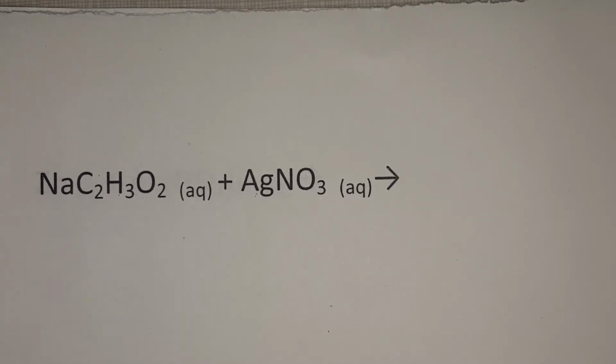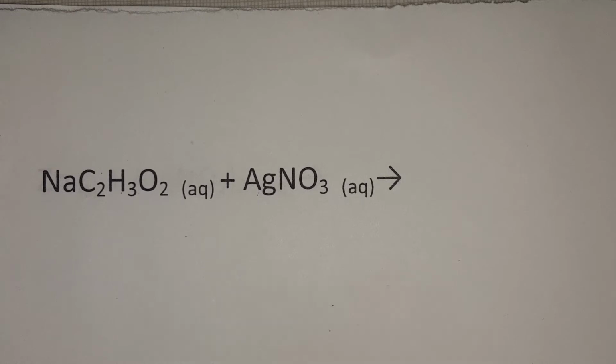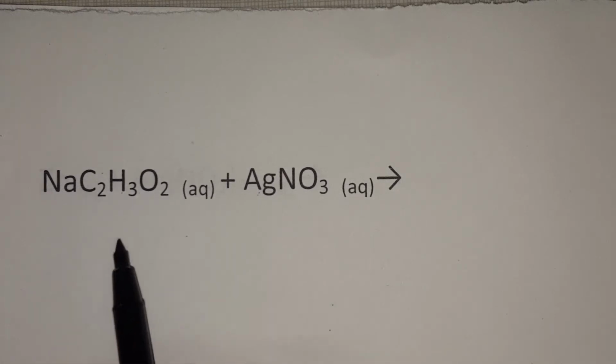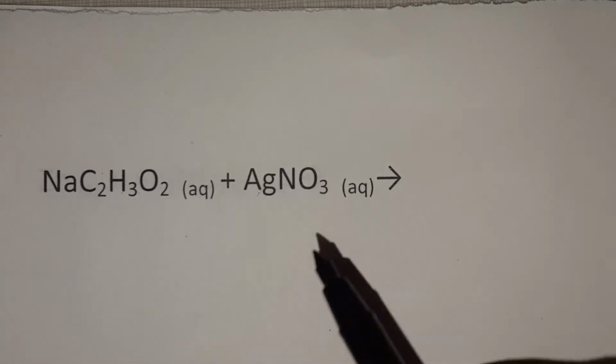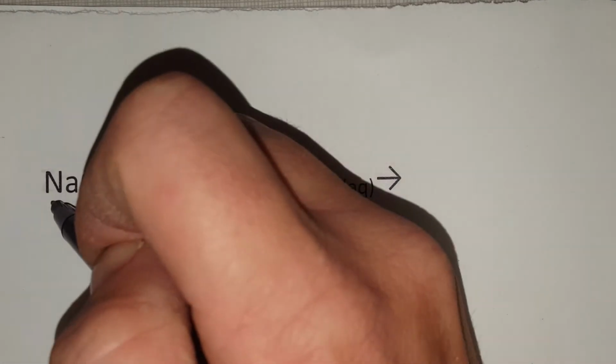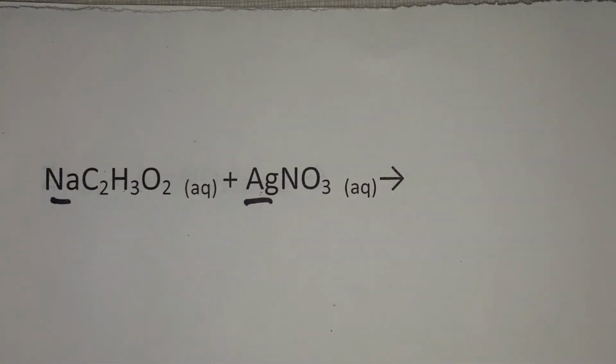So here I'm given two compounds. When we have reactions with two compounds, we can either have a synthesis or a double displacement, based on the categories that we're told. Well, this does not fit into any of the types of synthesis that we were given, so this suggests that it's a double displacement. So I'm going to indicate my metals, or my cations, that I know are going to switch.